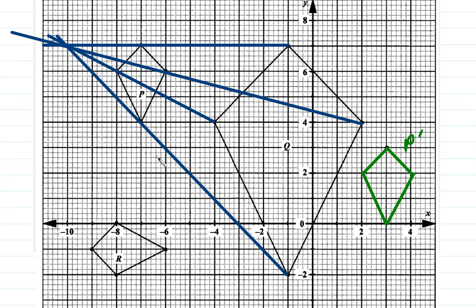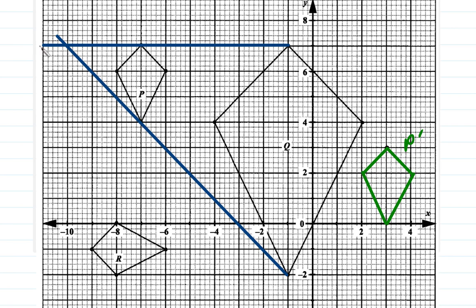Alright? Now, here. Let's consider these. So, first of all, you can see that the center of enlargement is negative 10, 7. But we need to find out the magnitude or the scale factor of the enlargement.